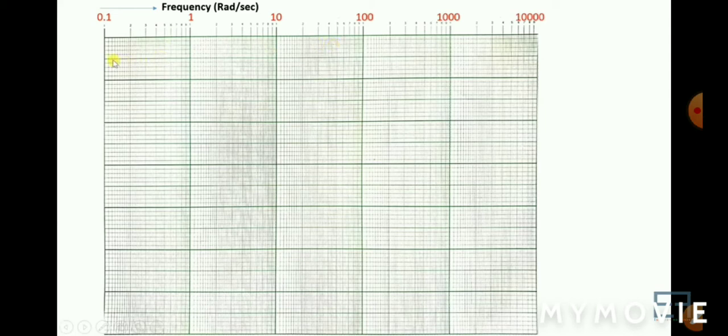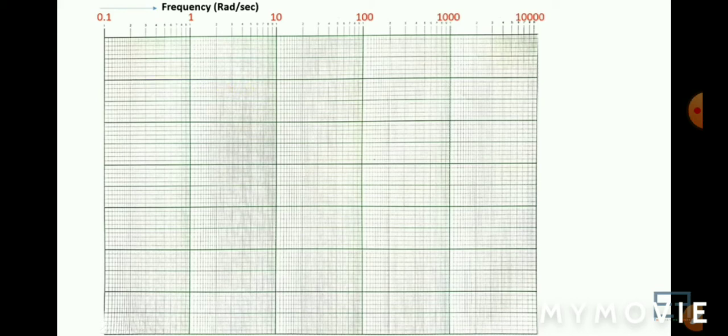Similarly after 1, 2, 3, 4 till 10, then after 10, 20, 30 till 100, after 100, 200, 300 till 1000. Similarly it will continue. So this semi-log sheet is in terms of decades, right.